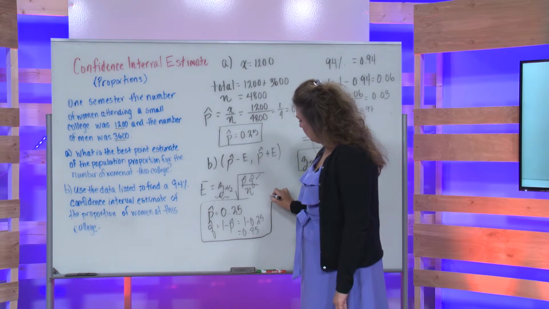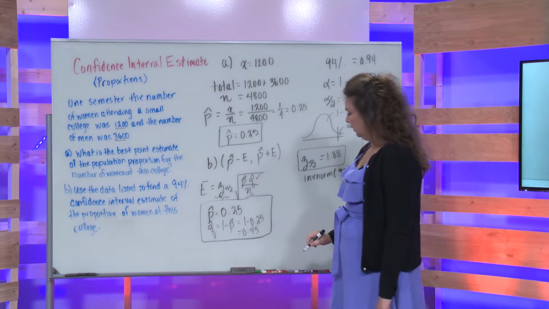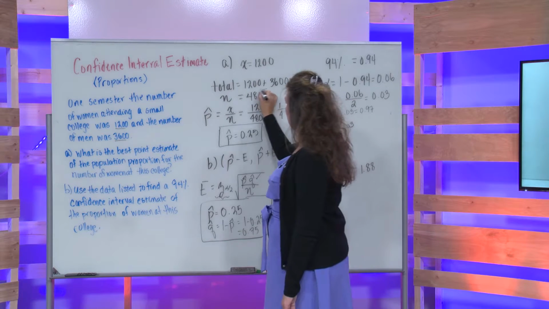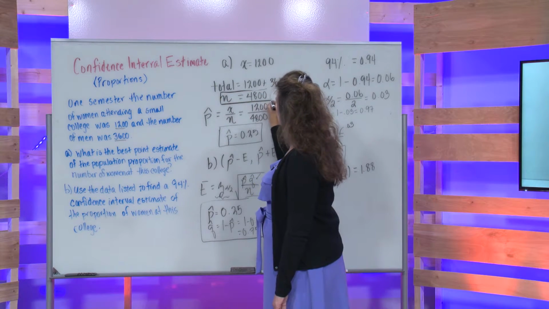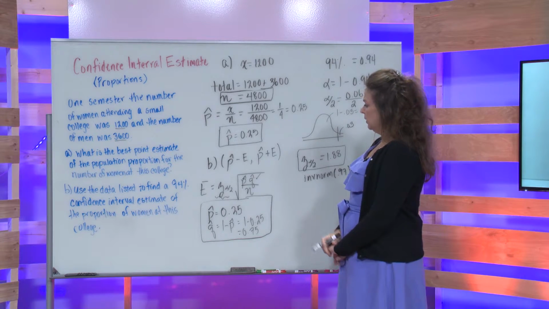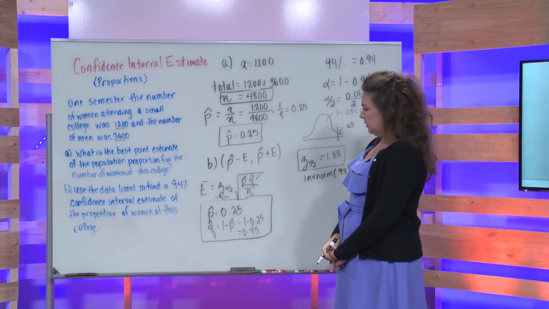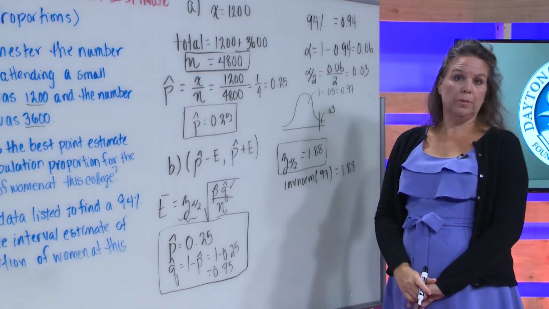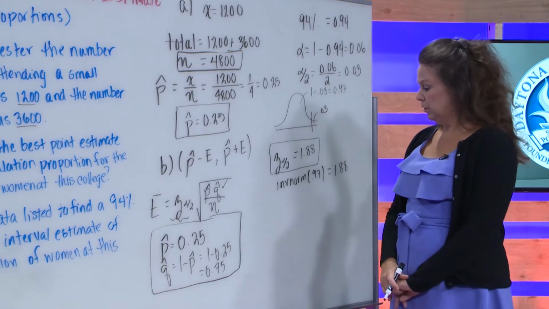P hat was 0.25, Q hat was 0.75, and N, the total number of students this semester at this college, is 4,800. So now I have all of the pieces that I need. I'm going to plug that into the margin of error formula and calculate the margin of error.